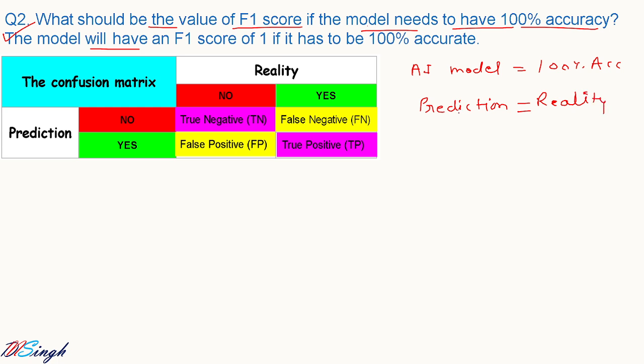So in what cases are they both the same? They are the same here. Like you see, in this case, the prediction value is no and the reality value is also no. So for this particular place, you will have both prediction and reality the same. So this is the case where you have the accuracy.